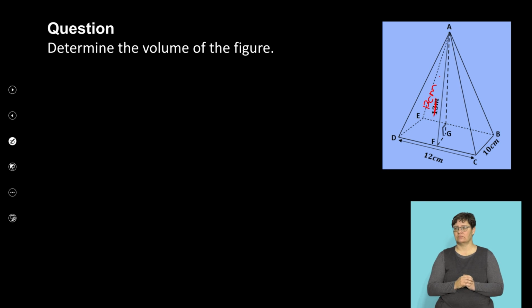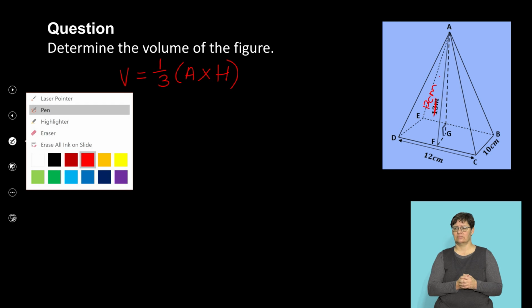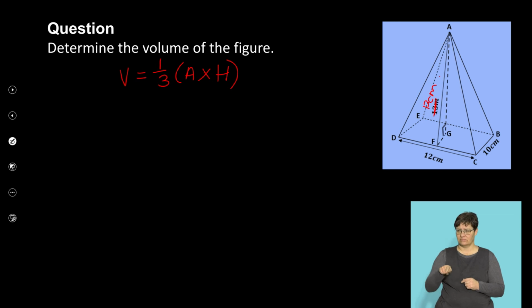Great. So if I'm going to determine the volume of the figure, it's going to be a third times the area of my base multiplied by my perpendicular height. The area of my base is going to be the area of my rectangle, which is my base that is given over here, which is 12 centimeters by 10 centimeters.